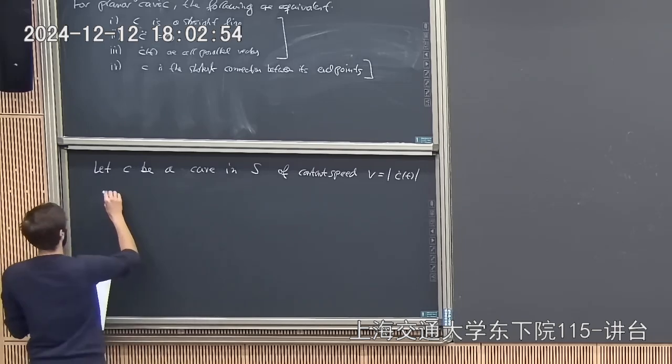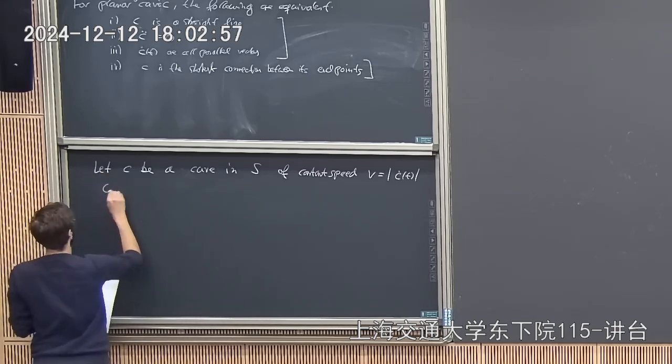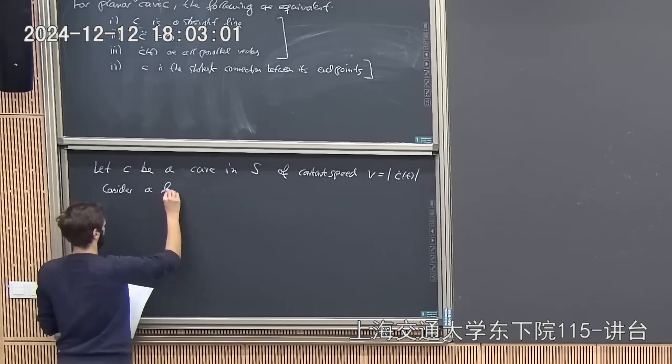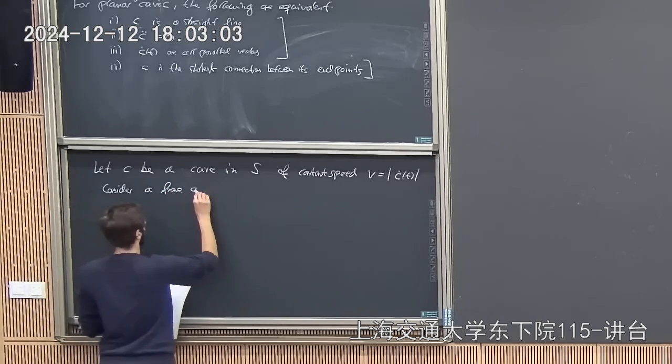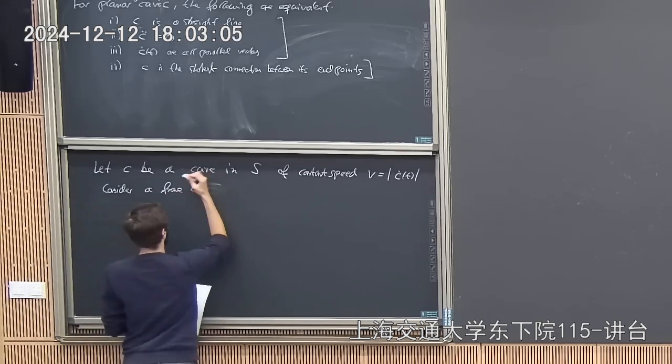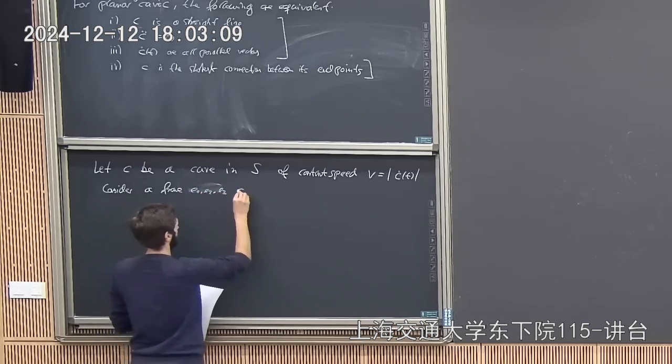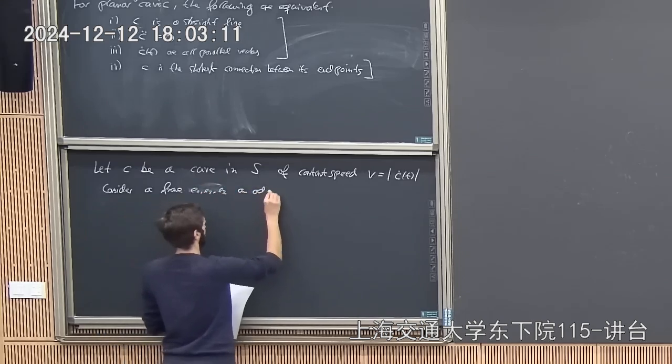And consider a frame on S, which is adapted, so E1, E2, E3, adapted frame.